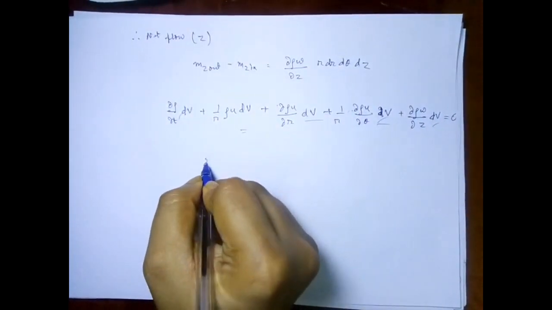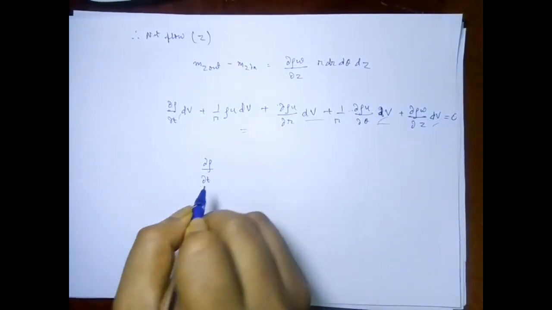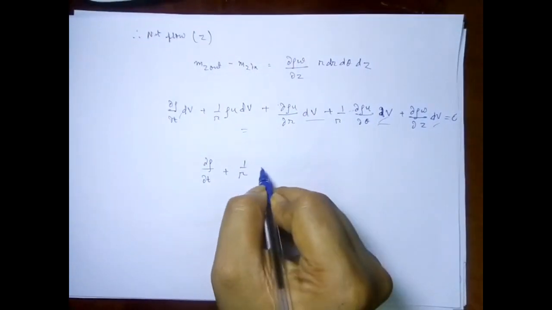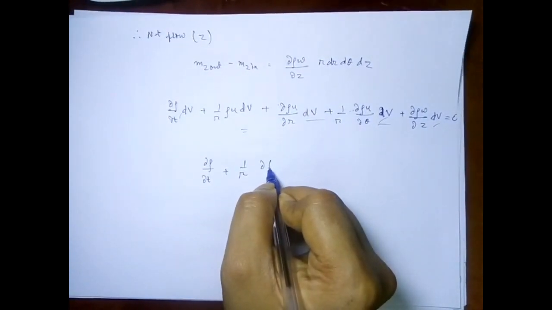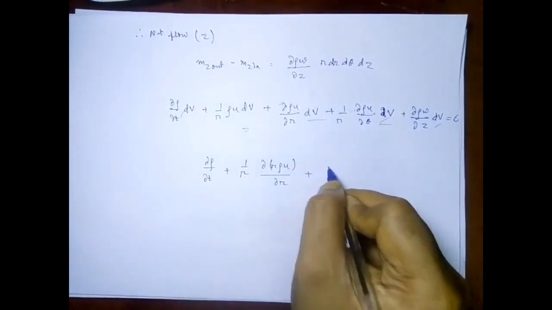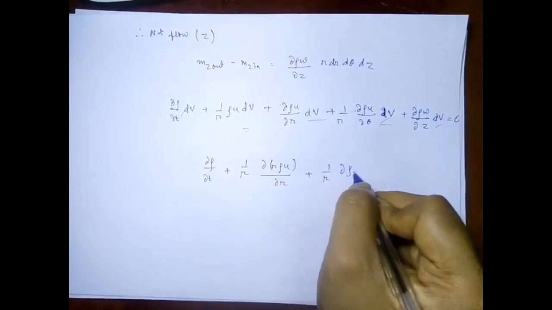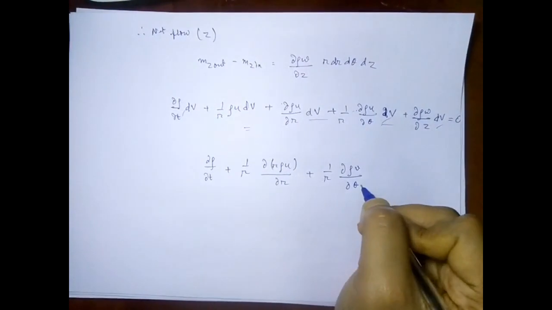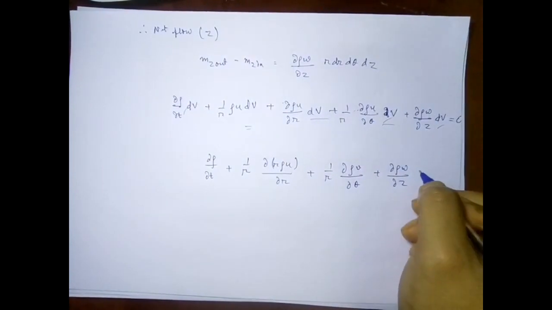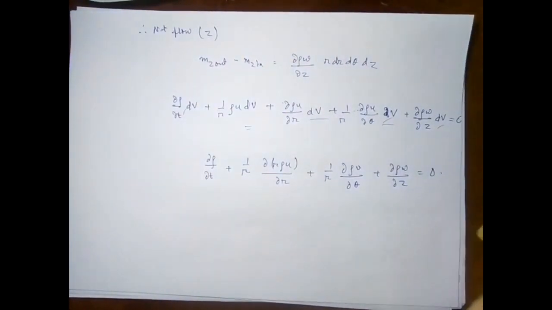So I will get del rho upon del t plus 1 upon r del r rho u upon del r plus 1 by r del rho v upon del theta plus del rho w upon del z, and that is equal to 0. So this is basically the continuity equation in cylindrical polar coordinates form.